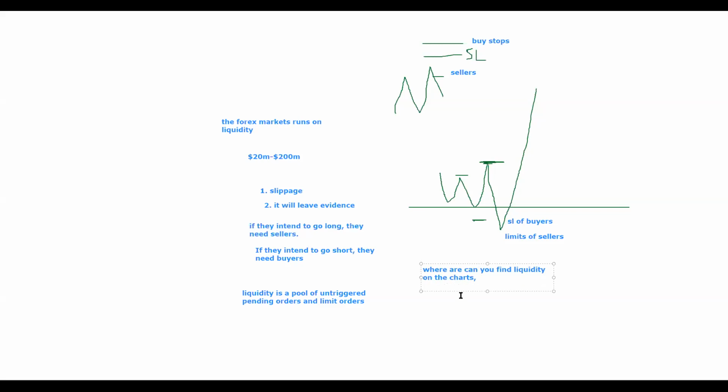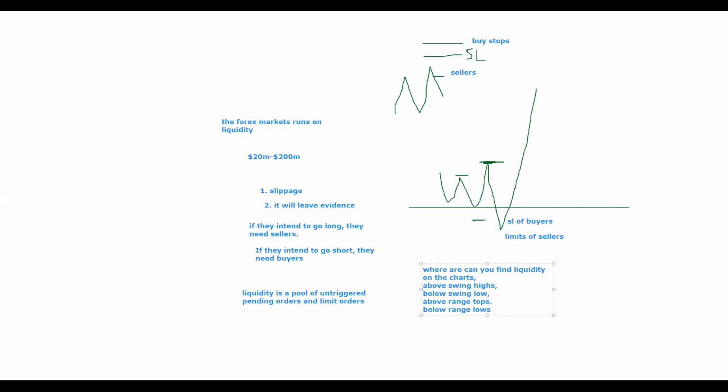First, you have above swing highs, below swing lows, above range tops, below range lows.